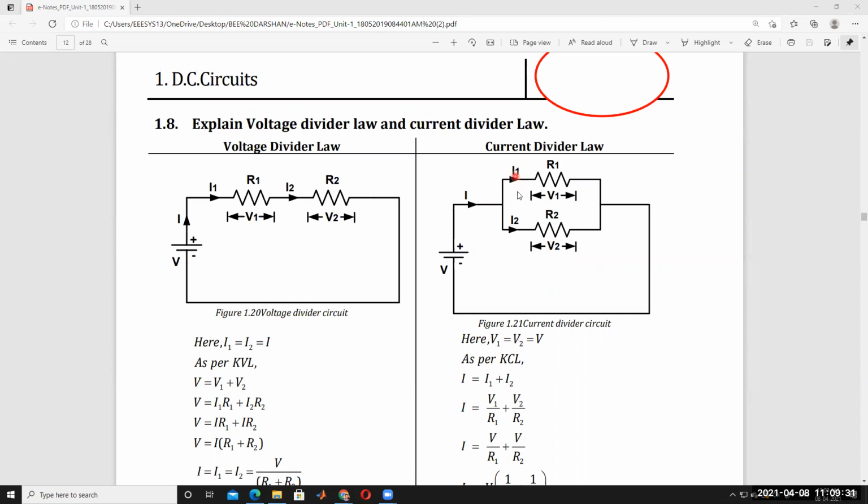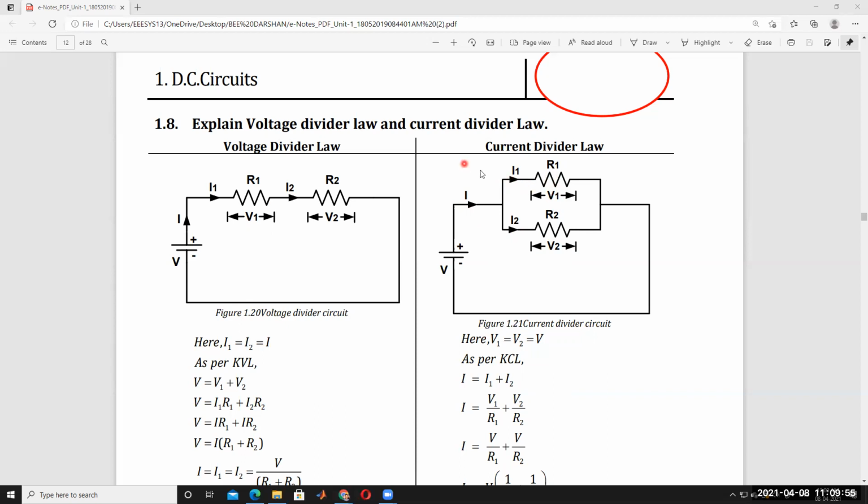From the viewpoint of R1, the opposite resistor is R2. Why? Because the current is dividing into I1 and I2. The same current is dividing into I1 and I2, that's why this resistor is called the opposite of resistor R1.